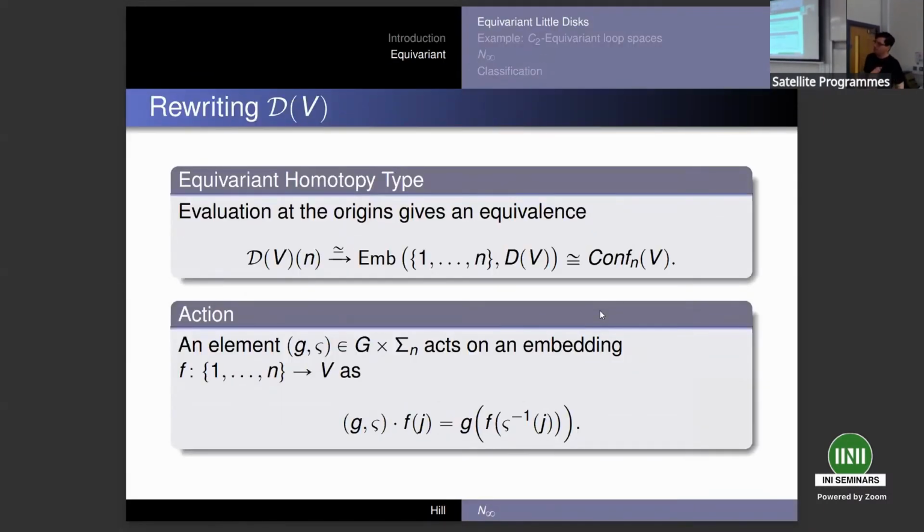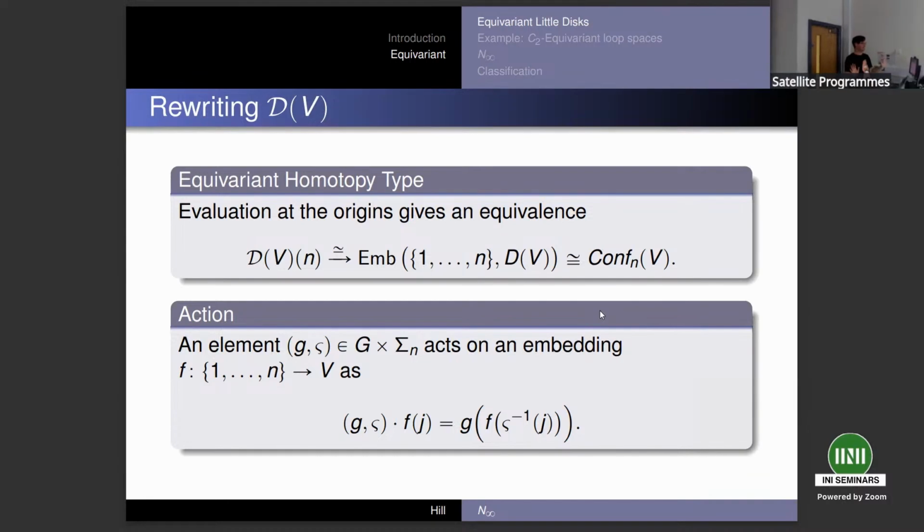All right, so let's think about what this means for my little disks. Remember, this part is the embeddings of n copies of the disk in V back into the disk in V. Well, I didn't say what I mean by embedding, and you probably thought, oh, I know what an embedding is, it's any map that's a diffeomorphism onto its image.